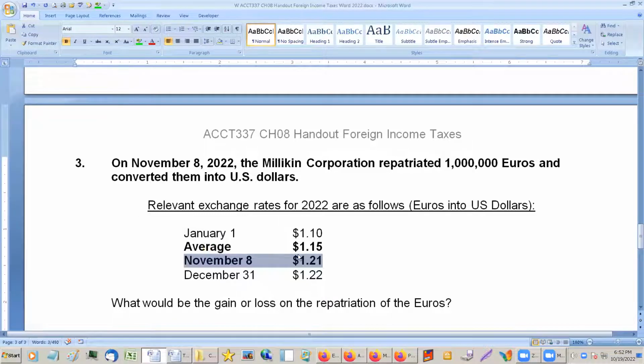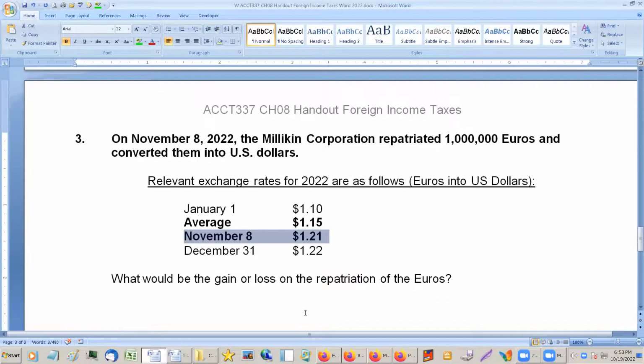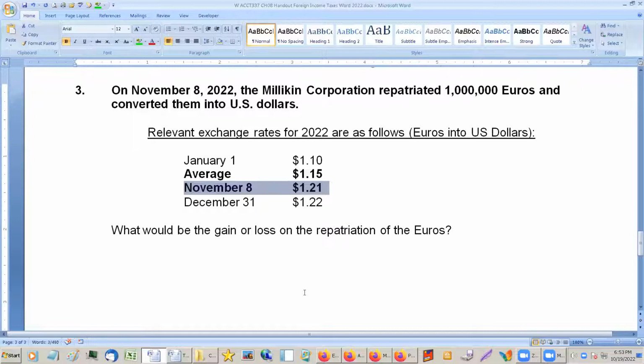So there's a difference there, and they'll pick up that difference. You'll notice that they got a little bit more dollars than on average. Throughout the year, they would earn 1.15, but when they transferred these, they got them in at 1.21. So are we probably looking at a gain or a loss on this one?